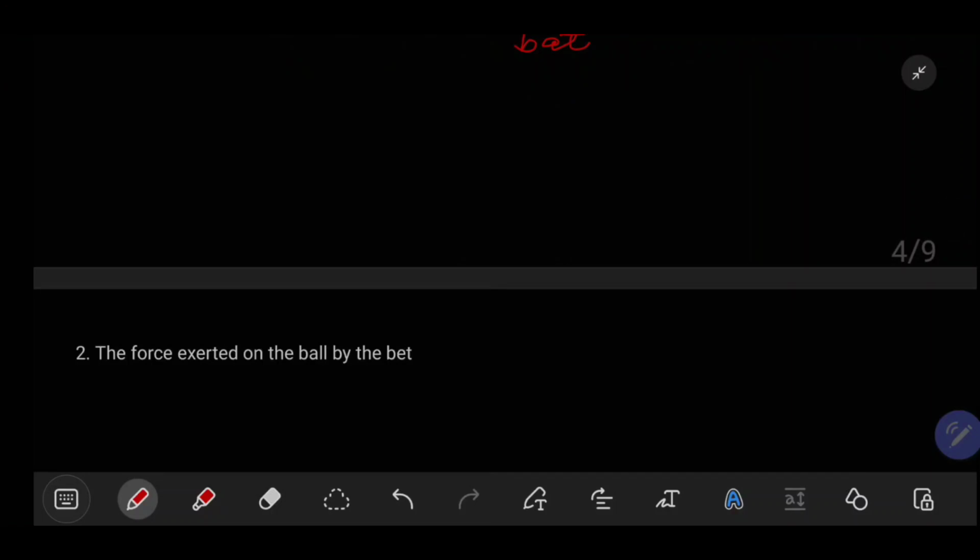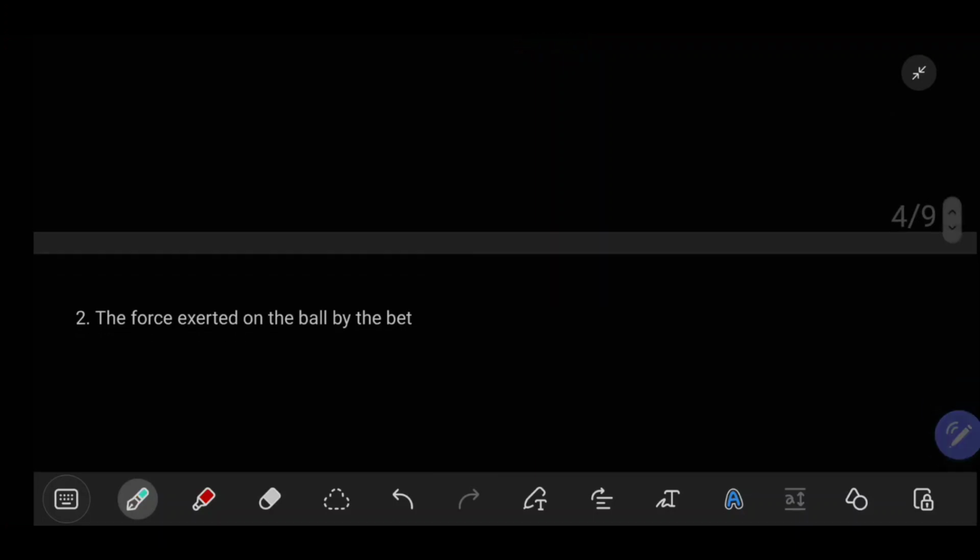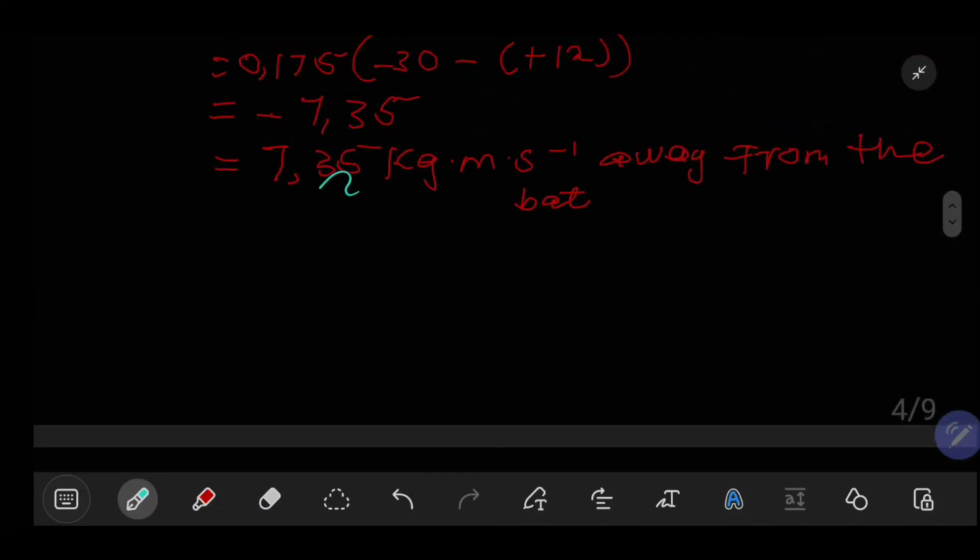So the second question says, calculate the force exerted on the ball by the bat. Okay, so now I want us to check something here. Remember we found our change in momentum, and these were the SI units.